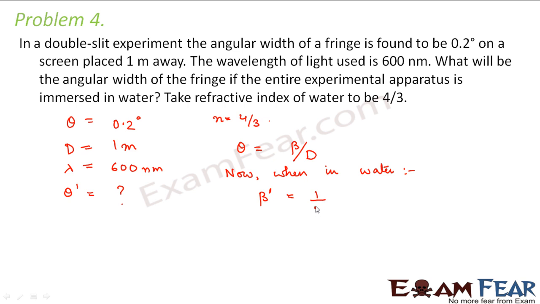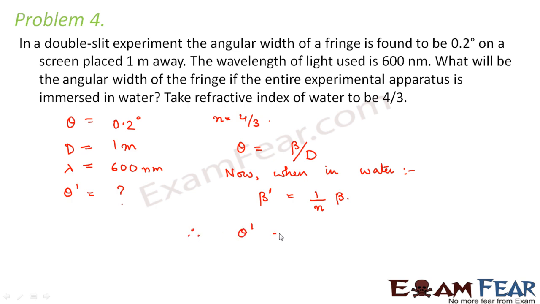So beta dash becomes equal to 1 by n into beta. So the fringe width is inversely proportional to the refractive index of the medium into which the entire apparatus is placed.